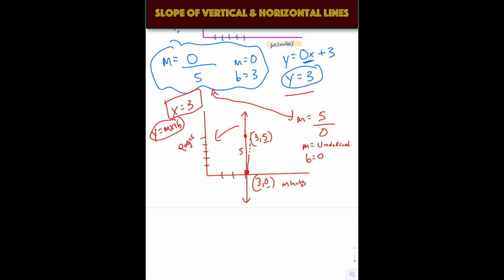And again, this works no matter where the vertical line is. So if the vertical line is the y-axis, our solution would be x equals 0. If our vertical line is at -5, it'd be x equals -5.